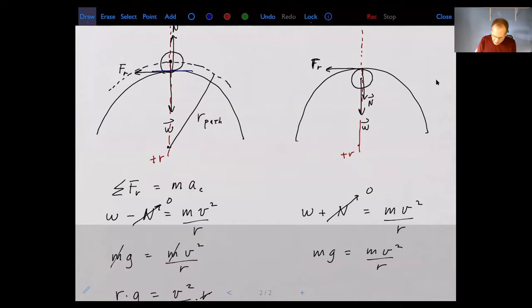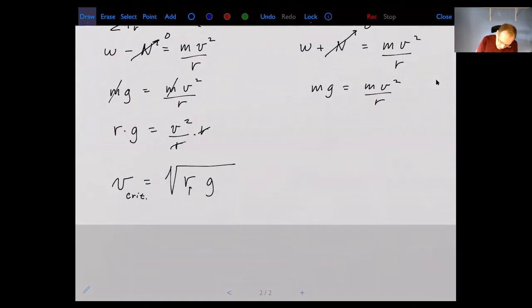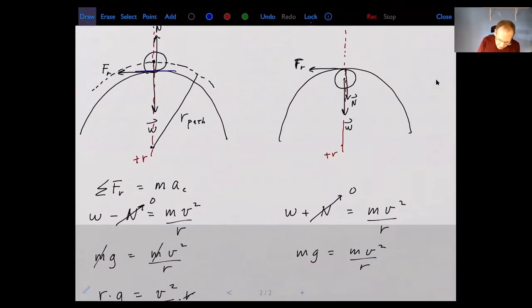So this is really r path. Okay, so that's the theoretical equation for the critical speed. It's simply the square root of the radius, again the radius of the path of the center of mass of the ball, times g. In this case, by the way, this would be the path, since it's rolling underneath.